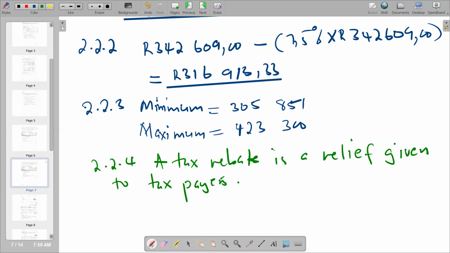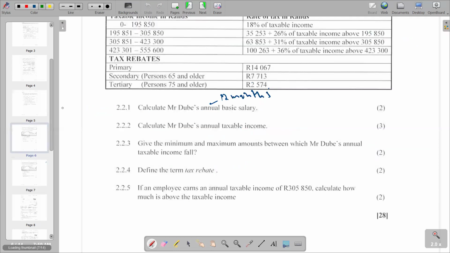And then we move on to the next part, which is 2.2.5. If an employee earns an annual taxable income of 305,850, calculate how much is above the taxable income.